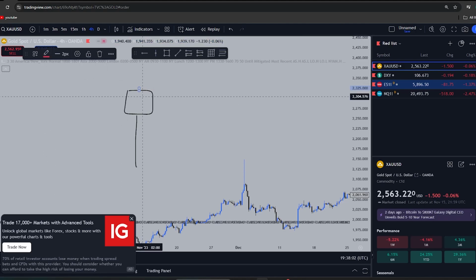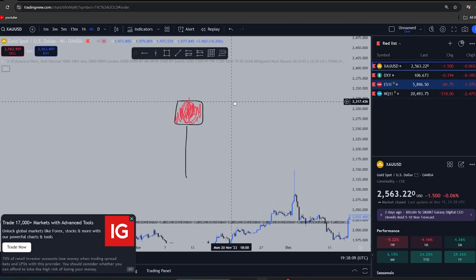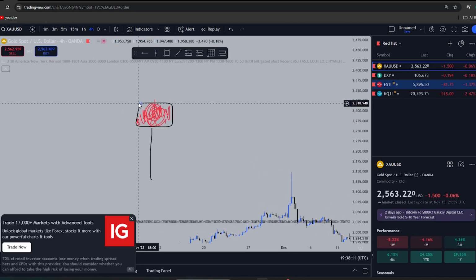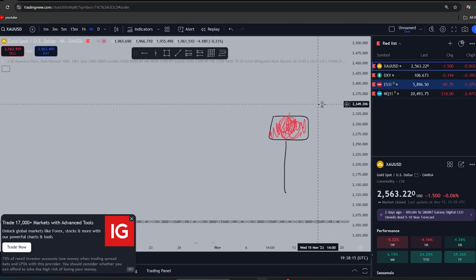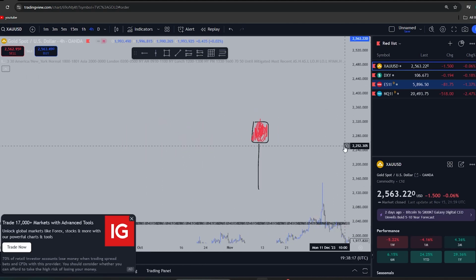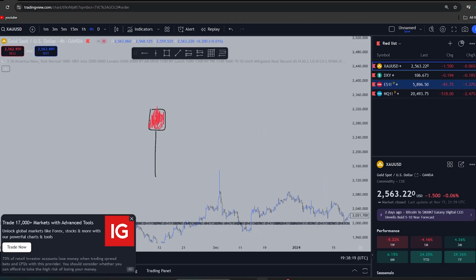So let's colour this in red, for example. Right, so this is a bearish candle. Overall price opened here. This was the lowest point, closed here, and this was the peak. From this candle, we can, let's draw the bullish one out real quick actually.